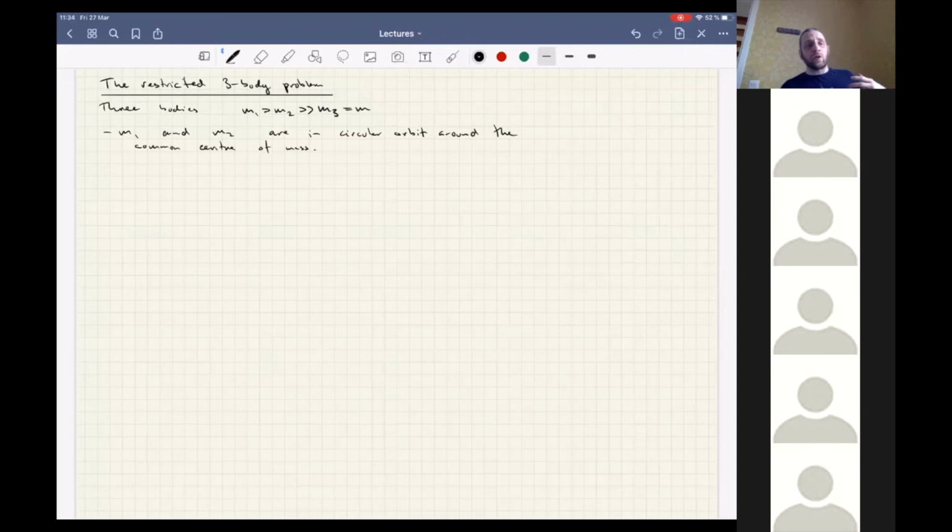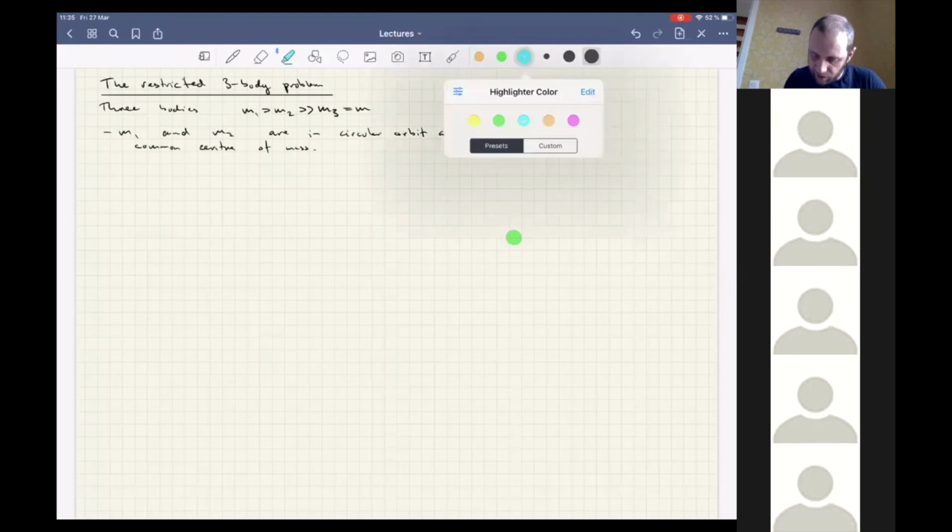And what we're going to discuss is the motion of the third body in the potential that's created by those two. So if we look at it, we have one body there. Let's take that color for that one. And we have another body here. It's a little bit smaller. And we have a final third body that's moving in this potential created by those two guys.